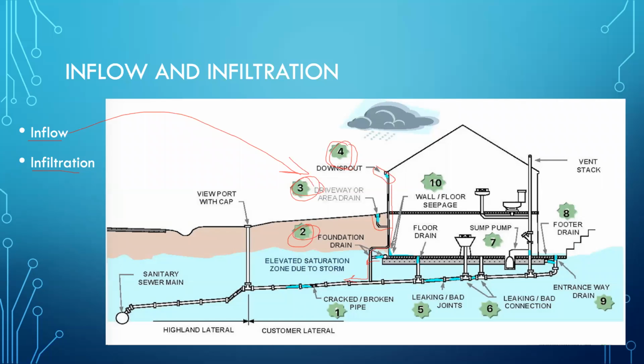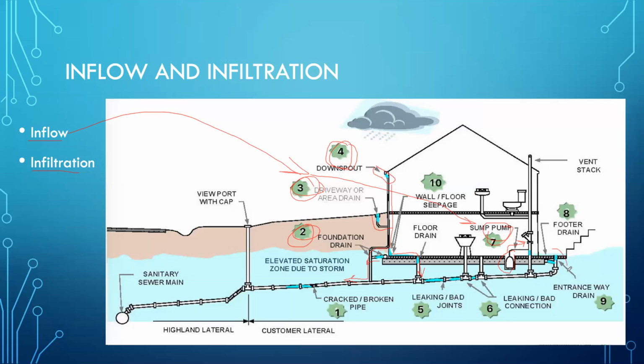Here we have some inside the house. We have seepage from the floor, goes into a floor drain, and that too is directly connected to the sewer system. Generally, that would be an unauthorized connection. Here we have a sump pump that also is going directly into the sewer system. So the sump pump for sure is an unauthorized connection, also a type of infiltration.